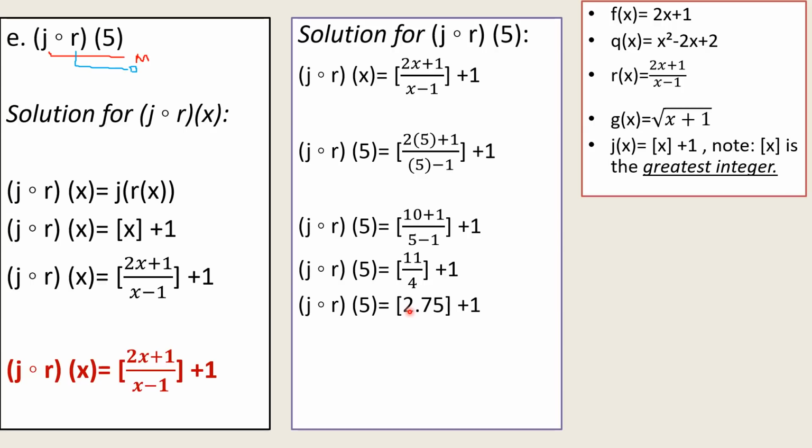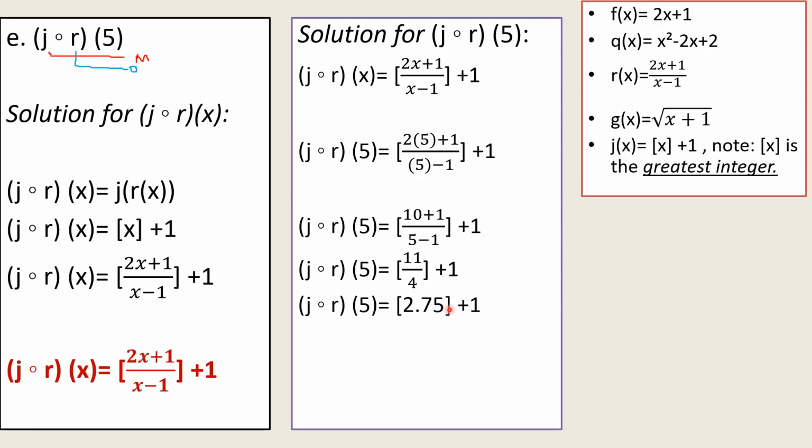Okay? So, we're going to determine what is the greatest integer that we can get from 2.75. Hindi pwede ang 3 kasi mas mataas siya kay 2.75. Ang pwede lang na highest integer that is included dito sa 2.75 is positive 2.